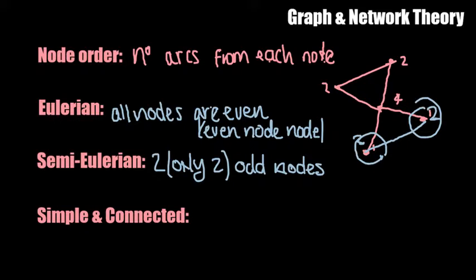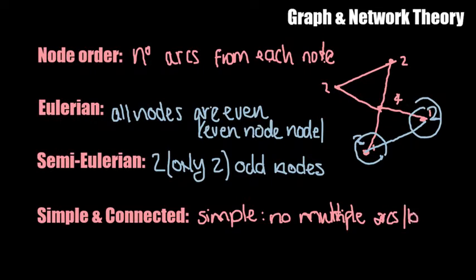So just to recap, a simple graph then is one where there are no multiple arcs or loops. So a multiple arc, don't forget, is where you have more than 1 arc going between the same 2 nodes, and a loop is an arc that connects back to the same node.